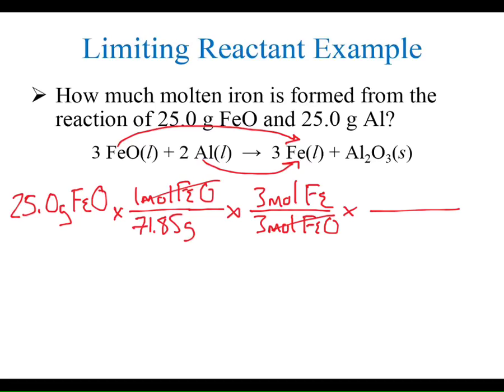Okay, well, I have moles of iron, but it says how much, so that's the mass of iron. So how do I do that? Molar mass. So find the molar mass of iron. It's 55.85 grams in a mole of iron, according to your periodic table. So you punch that all in there, and let's see what the first one gives me.